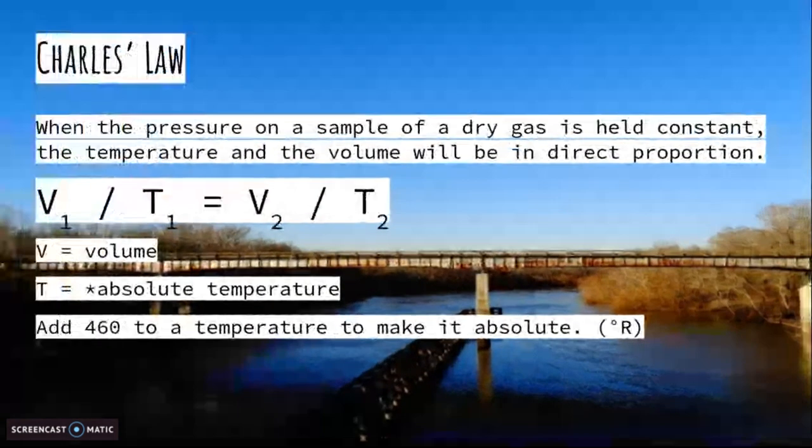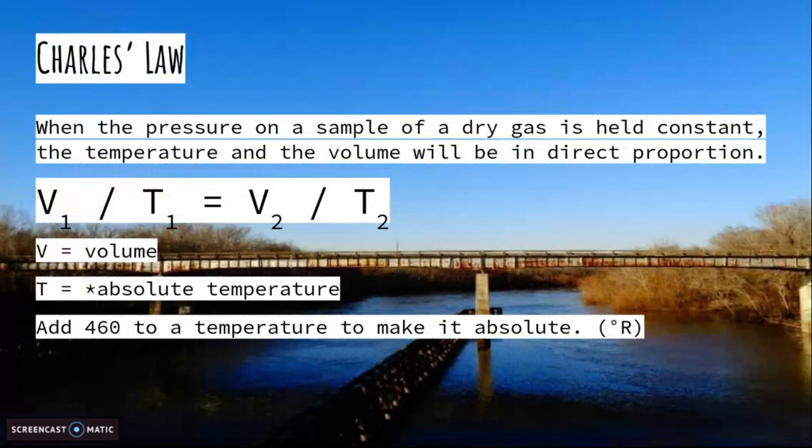So we have three laws to talk about, and usually with a law comes an equation that we can use to solve problems in our activity that's coming up. So Charles's law says when pressure on a sample of dry gas is held constant, the temperature and the volume will be in direct proportion.